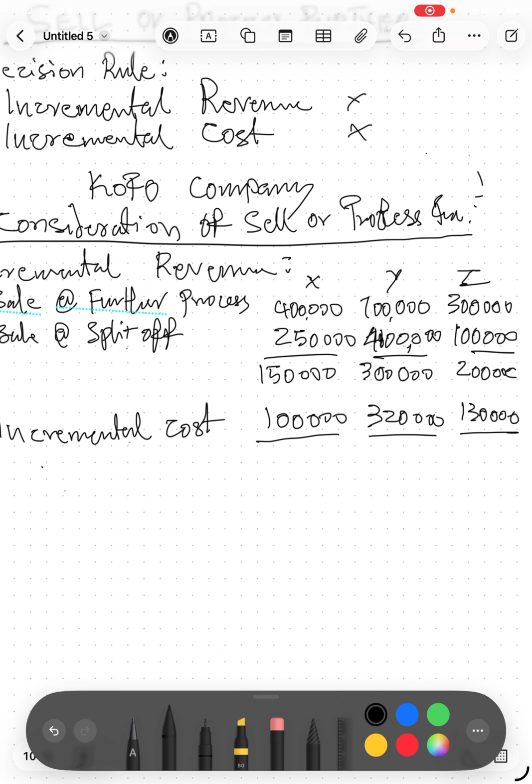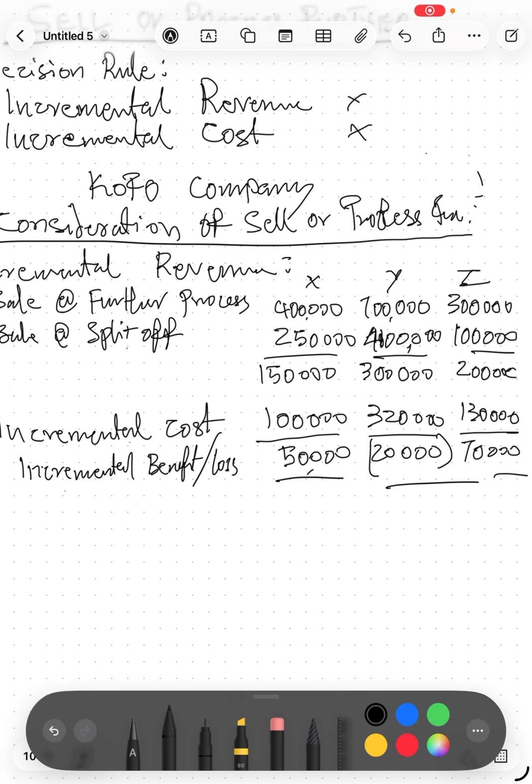So there is an incremental benefit here. Let's put incremental benefit. Here we say is 50,000, 20,000 loss, then 70.